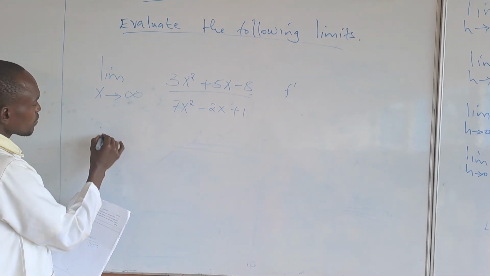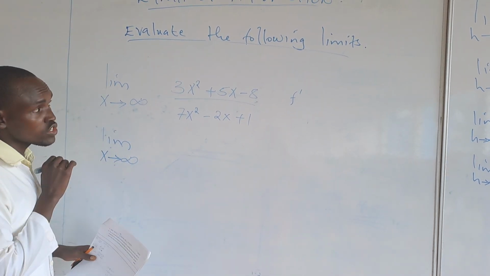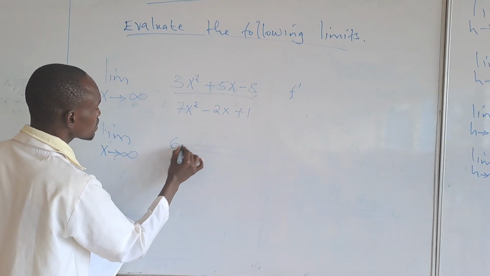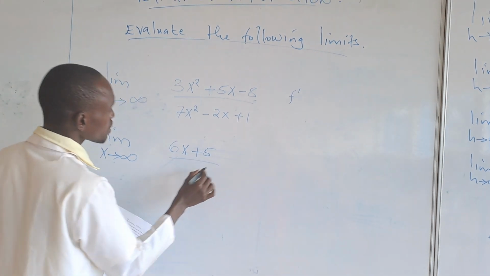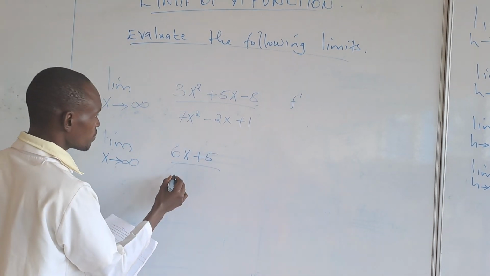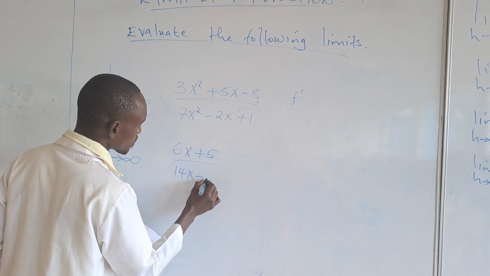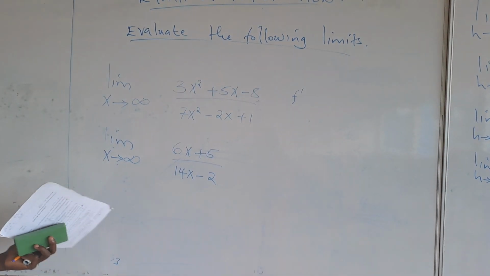So this will be the same as the limit as x tends to infinity. The first derivative for the numerator will be 6x plus 5, over the first derivative of the denominator, 14x minus 2. This is our first derivative.